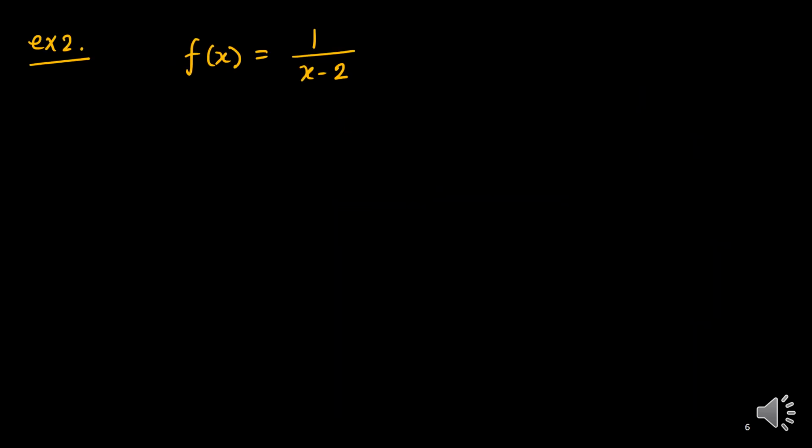Now the next problem, if I consider f of x equals 1 upon x minus 2. So what is the vertical asymptote? I make the denominator 0: x minus 2 equals 0. So x equals 2. Now I can draw the shape, and that is very simple.